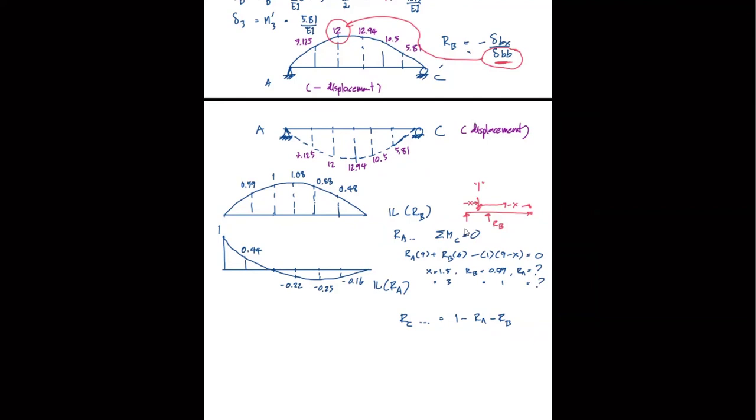So why don't we take advantage of sigma Y equal to 0? With a similar approach, let's say when X is equal to 1.5, RB is 0.59, RA is 0.44, right?